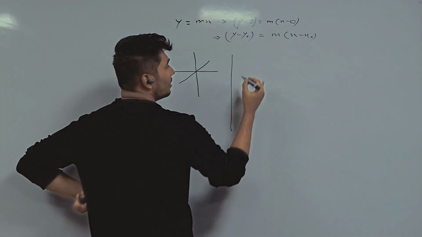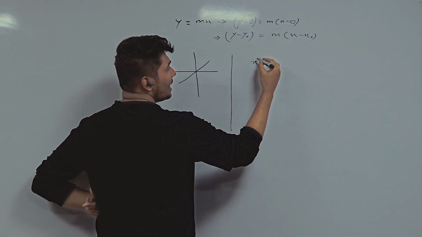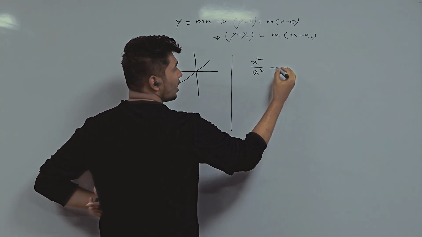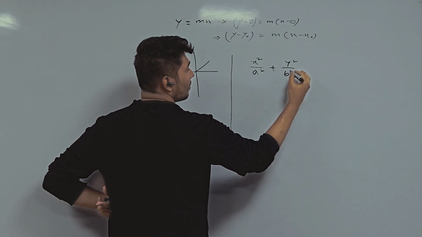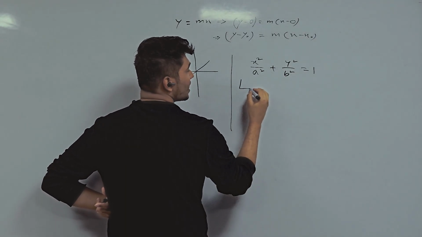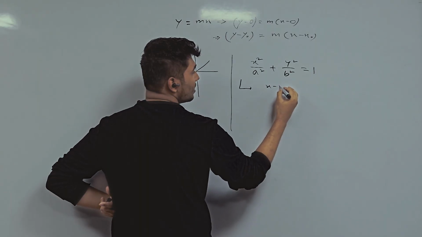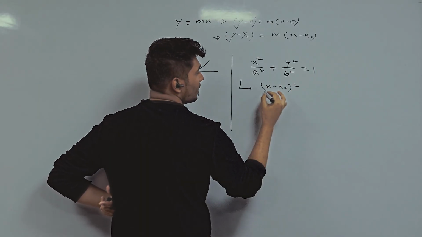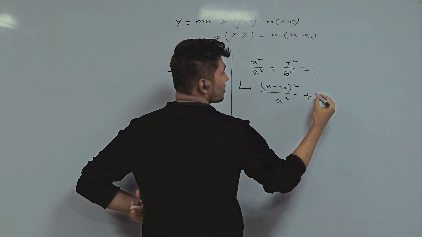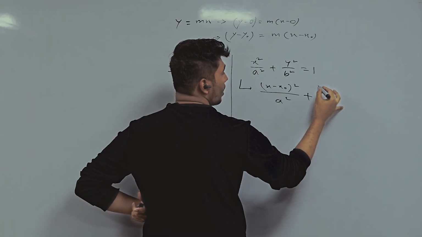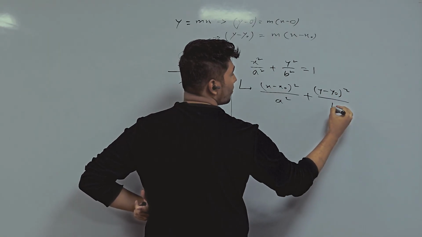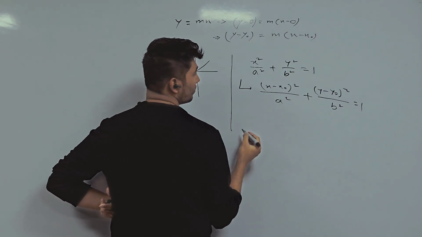For more examples, the formula of an ellipse is x square by a square plus y square by b square is equal to 1. We can transform it to x minus x naught whole square divided by a square plus y minus y naught whole square divided by b square is equal to 1.